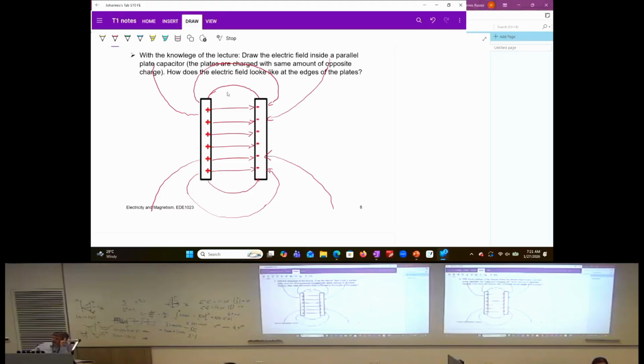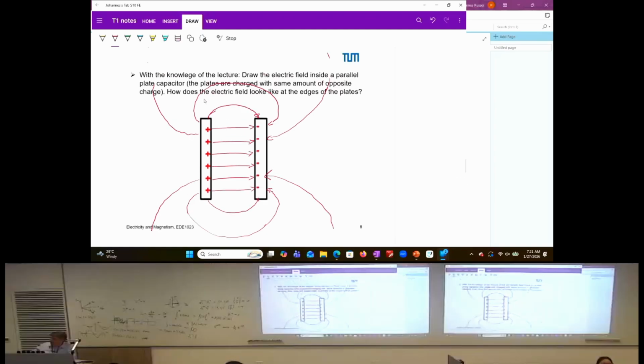We will return to that. We haven't discussed capacitors so much in detail, but I want to point this out to you already. So you have fields extending out of these two parallel plates, and you see that as they do, the spacing becomes increasingly large.